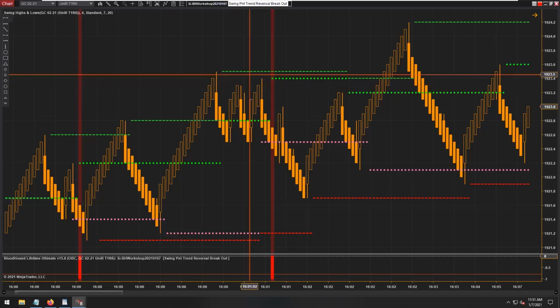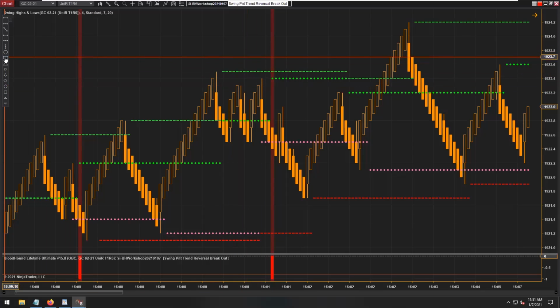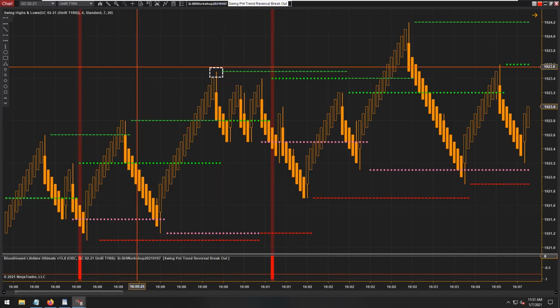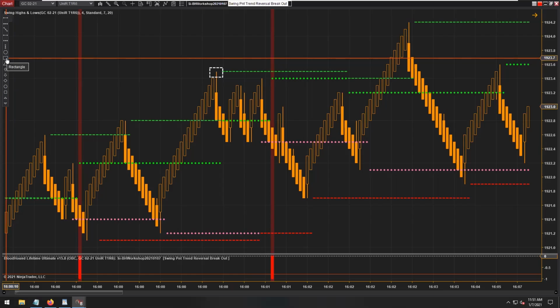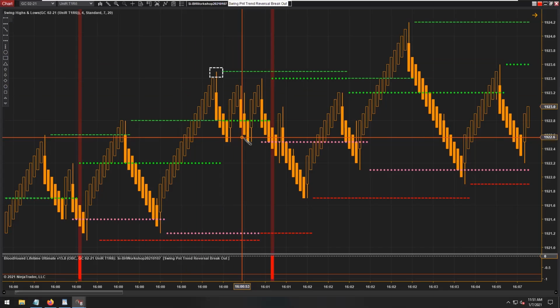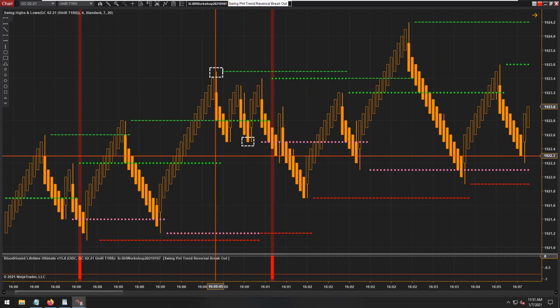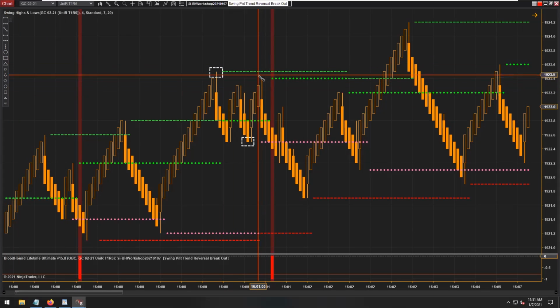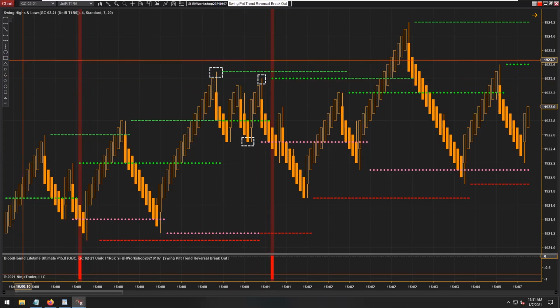But what we do have here is the indicator said, okay, we have a higher high. Great. Check one. We have a higher low. Check two. And we have a lower high.